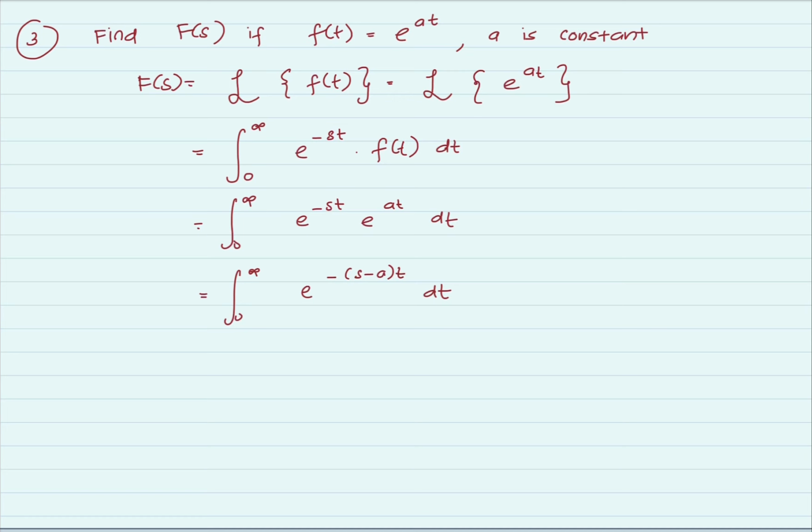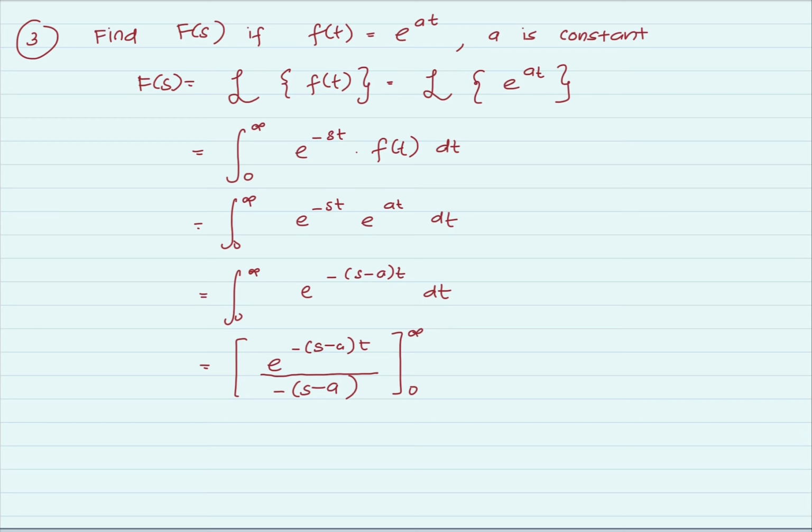Alright, so now we want to integrate the exponent. We will have exponent of -(s-a)t. So when we integrate, that one will be 1 over -(s-a). We integrate it from 0 until infinity.